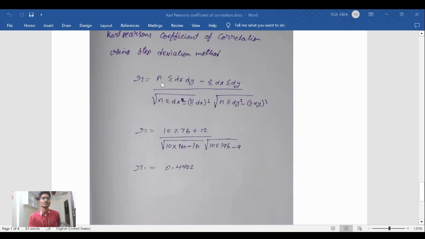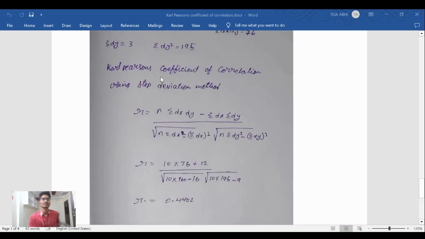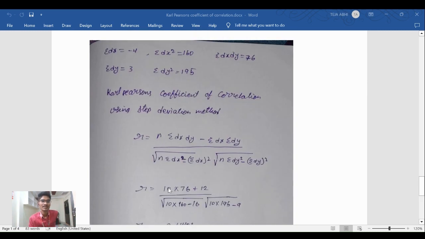Then substituting the values: n is 10 and summation dx dy is 76.